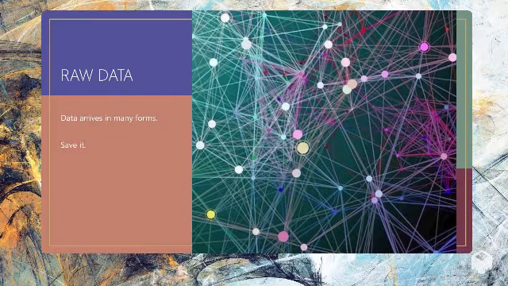So when you receive your raw data, it will come to you in whatever form you have collected it, or that other people have collected it for you. And it's really important to save that raw data. I can't tell you how many times the raw data has ended up saving people from disaster in a research environment.